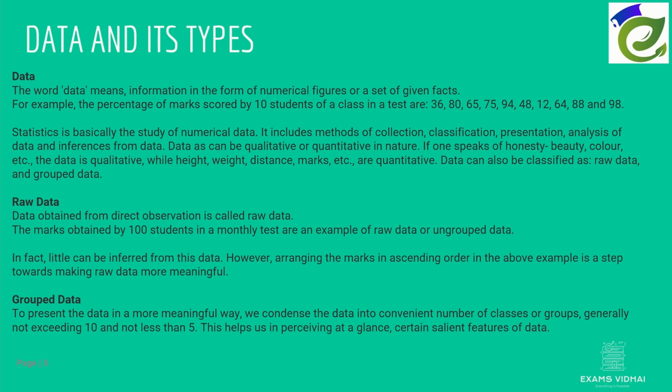I have already said that in raw data there will be no order, meaning the order is not seen in raw data. Grouped data is entirely opposite to raw data. In grouped data, we arrange the data in a systematic way into classes or groups, and we will discuss classes or groups in the next session.